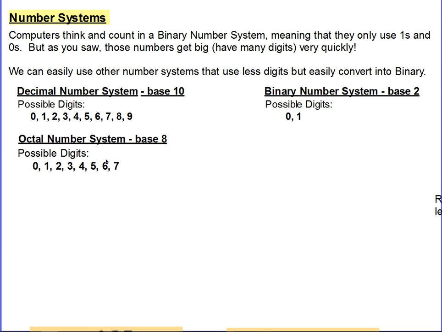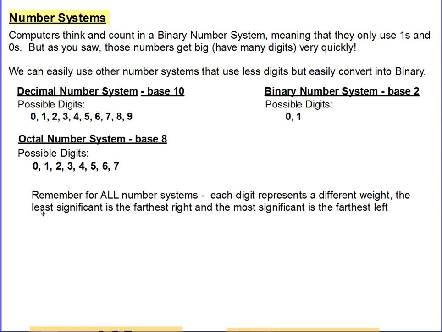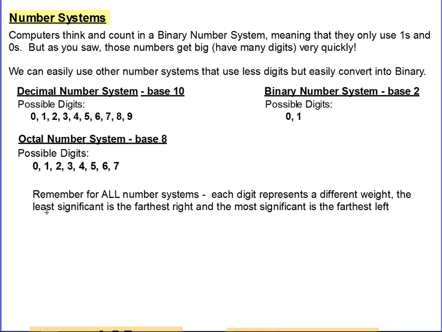Remember that the largest possible digit is always one less than my base. It's important as we go through this that you think about how numbers are created, and that for all of my number systems, each digit represents a different weight. The least significant is my farthest right, and the most significant is farthest left.